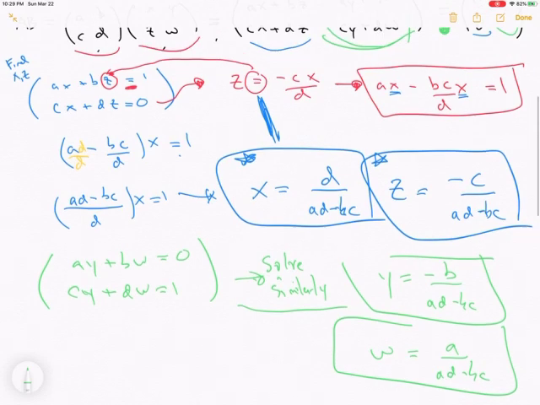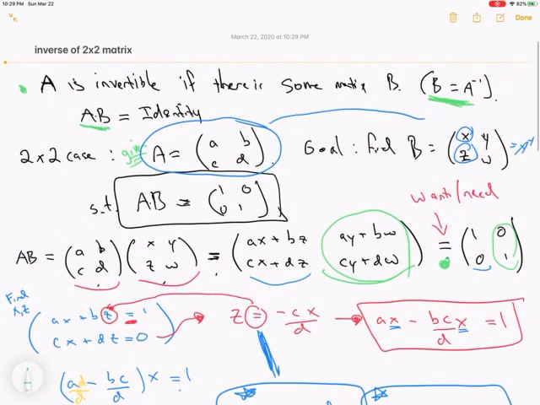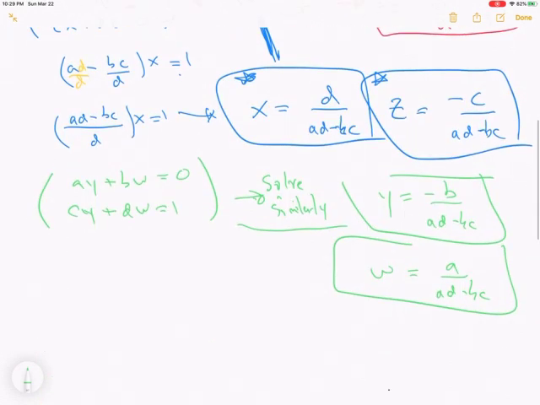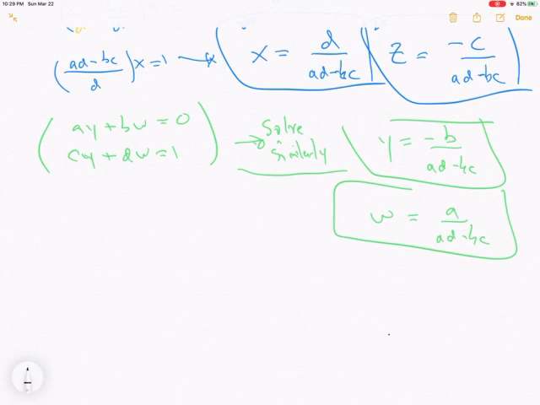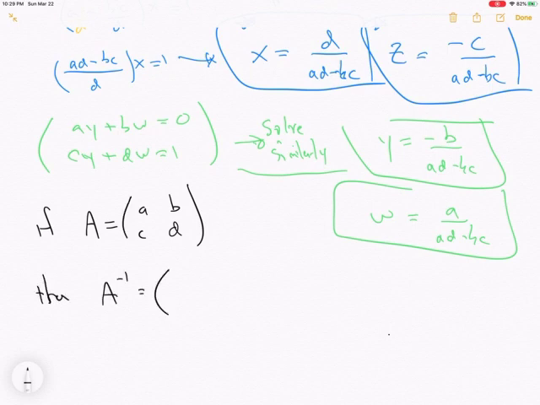And so if you put it all together, we just found explicit formulas for the 4 entries of the inverse 2x2 matrix. So here's the thing you should just memorize. If A is a, b, c, d, then A inverse, if it exists, is given by d over ad minus bc, minus b over ad minus bc, minus c over ad minus bc, and a over ad minus bc.